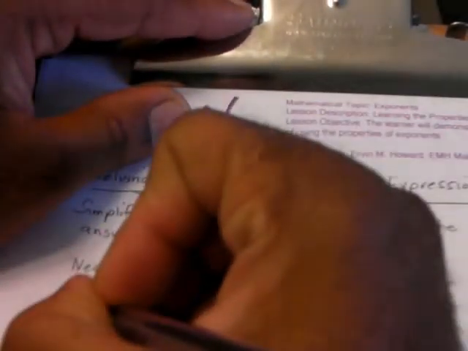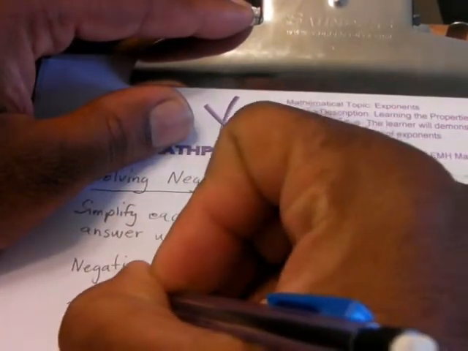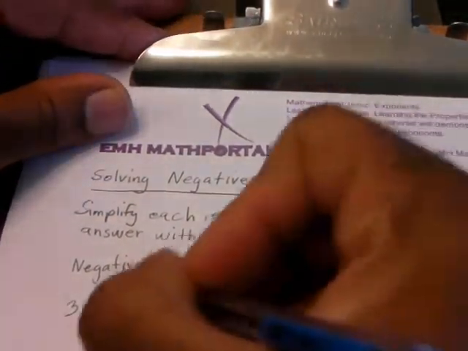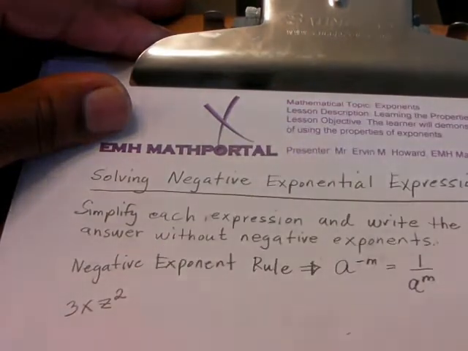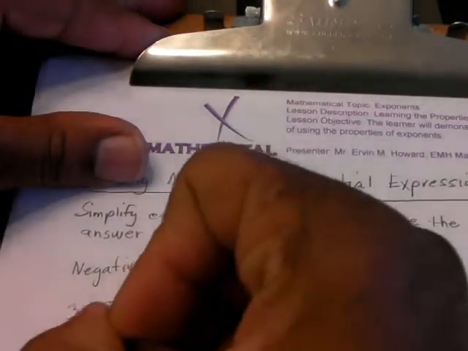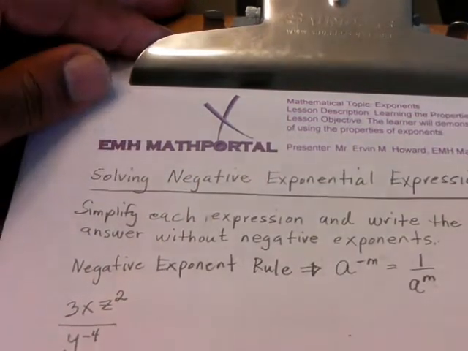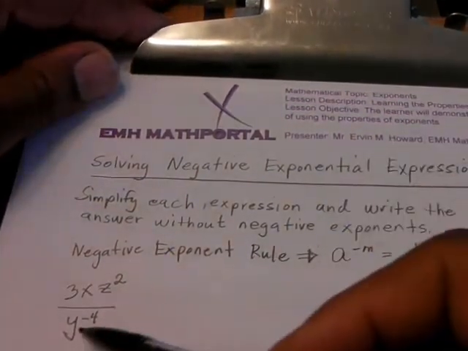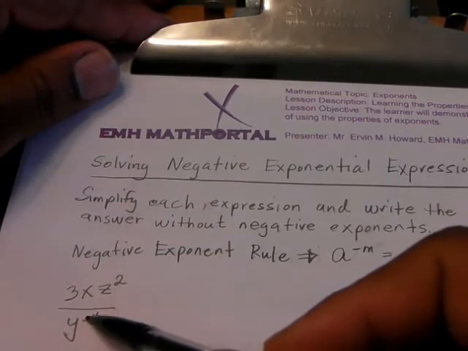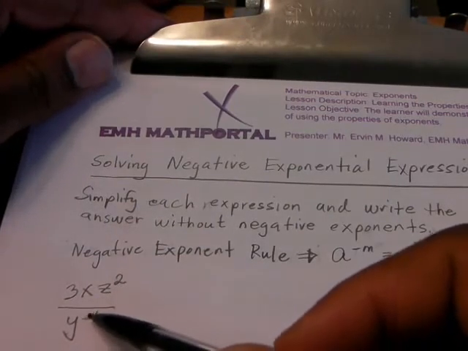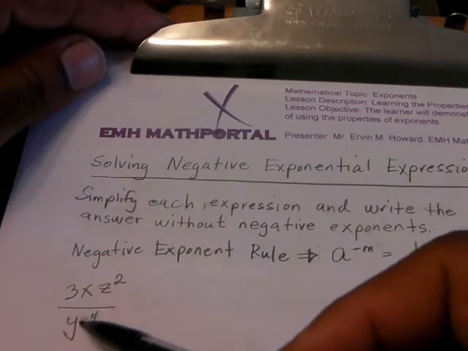Let's look at the first problem. We're going to have 3x z squared, and I like to write my z's with a slash to distinguish from a 2, divided over y raised to the power of negative 4. Here we have the negative exponent in the denominator.